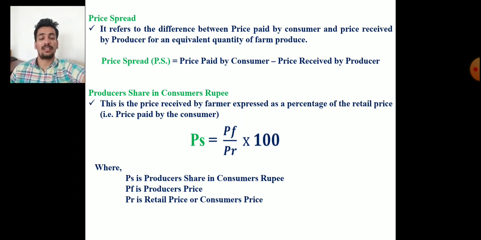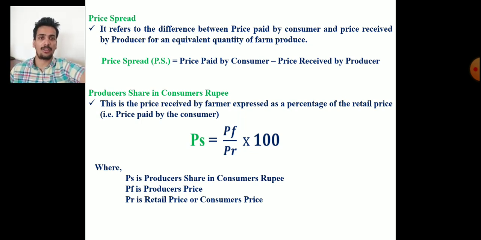Now last but most important, producer's share in the consumer's rupee. How to calculate it? This is the price received by the farmer expressed as a percentage of the retail price, or the price paid by the consumer. So keep in mind, we always have to write producer's share in the consumer's rupee as a percentage only.